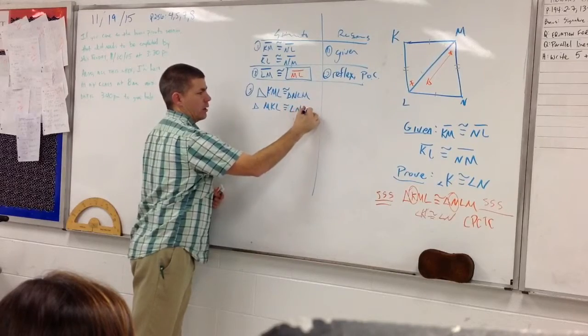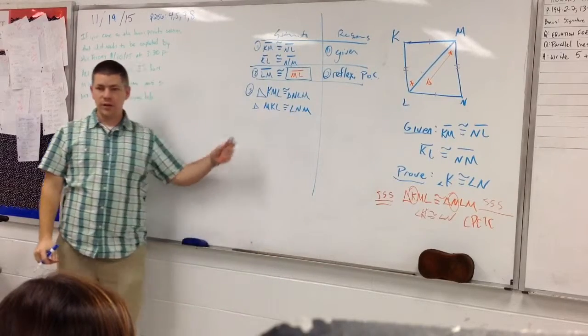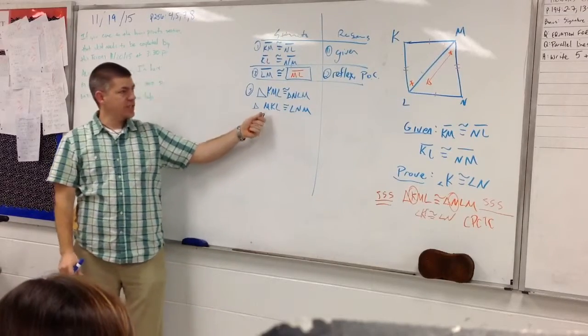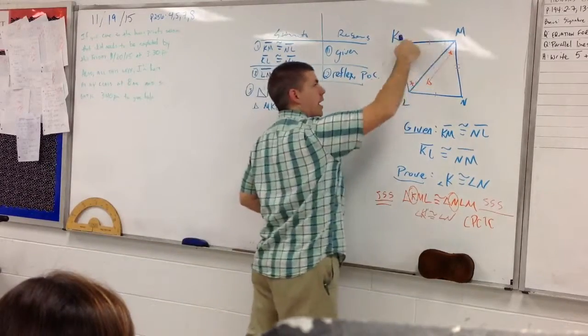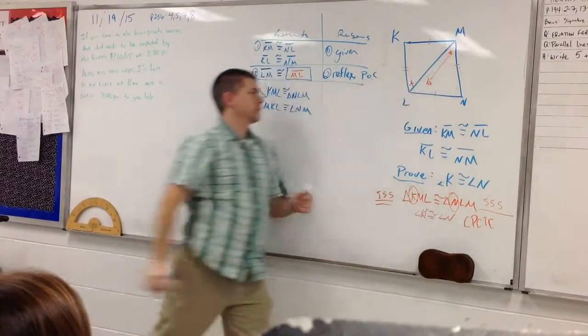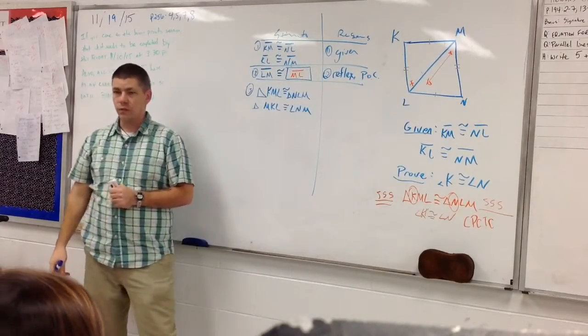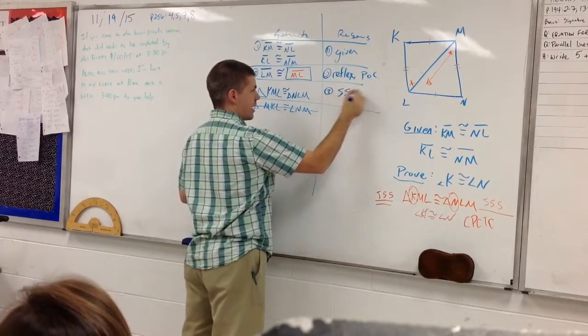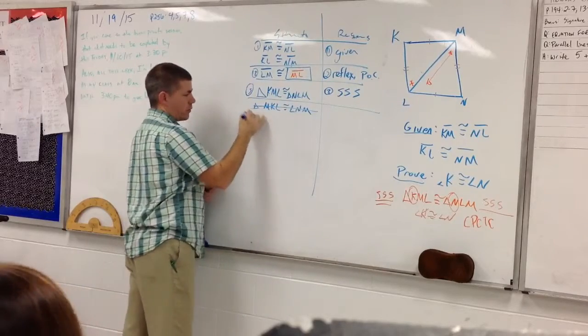Do we agree or disagree with her? I agree. Perfect. If she says MKL, what would you have to say? LNM. So would it be definition? Side, side, side. That works. Why are they congruent? Side, side, side.